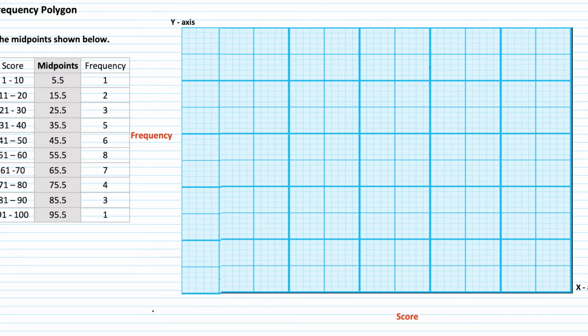So for the first one, it's going to be 5.5, then 15.5, 25.5, then we continue until we have all of the intervals.